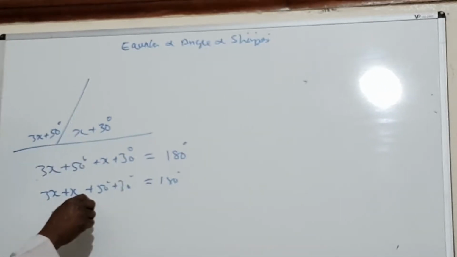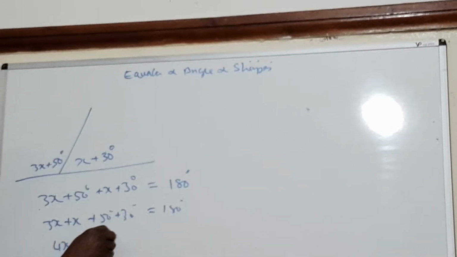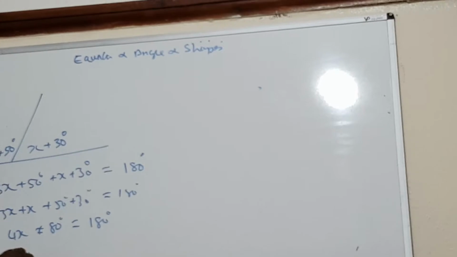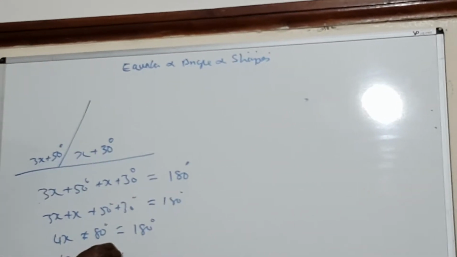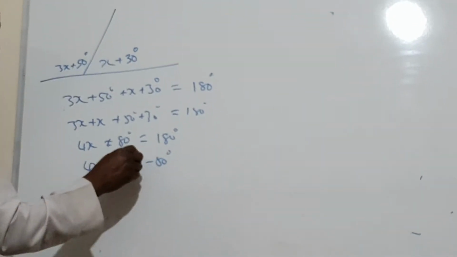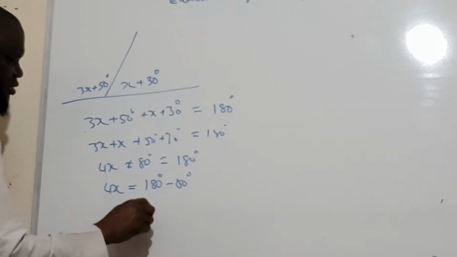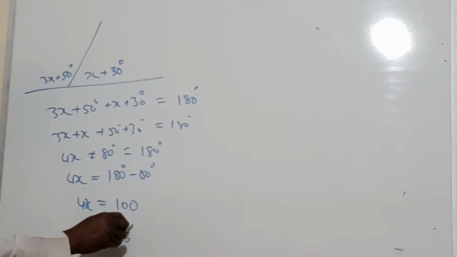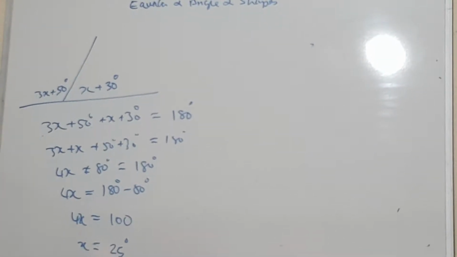Then 4x plus 80 degrees is equal to 180 degrees. So 4x is equal to 180 minus 80. So 4x is equal to 100, and x is equal to 25 degrees.